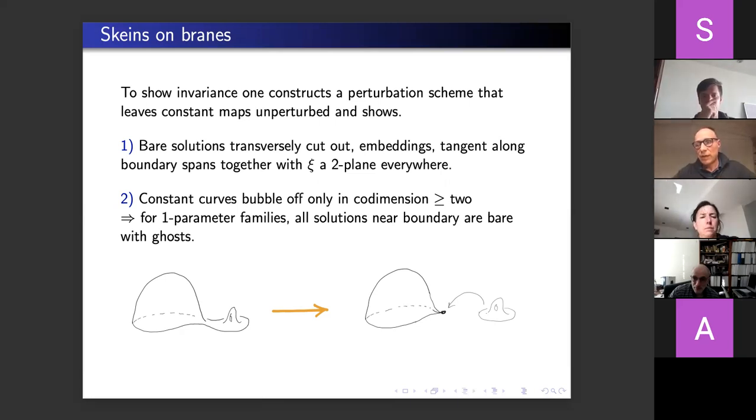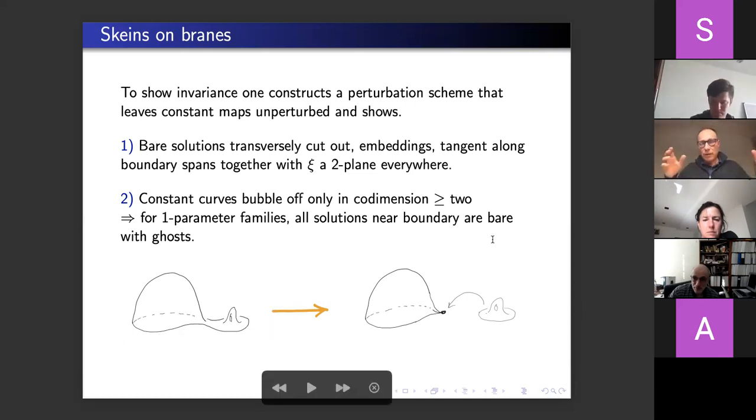But what is an interesting phenomenon here is that we try to define a curve count by counting only curves of positive area components. What would kill the invariance of such a thing is if, on the left, you have a sequence of these positive area curves which, as you deform, converges to a positive area curve with a 0 component attached, right? Such things happen all the time in Gromov-Witten theory.